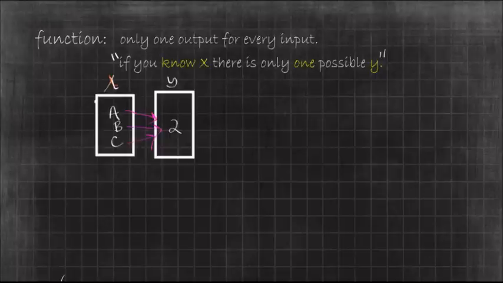Now there are a couple of ways that you can tell whether these are going to be functions, whether they're going to have this special type of relationship or not. So the easiest way to take a look at these and be able to tell that we have this special relationship is something called a vertical line test. And here's the way the vertical line test works. You have a general idea that basically x's can't repeat.